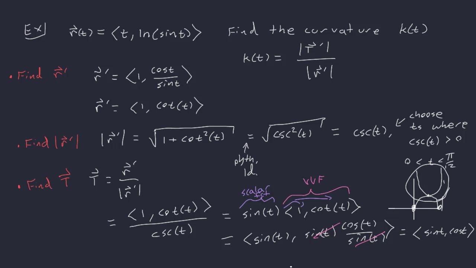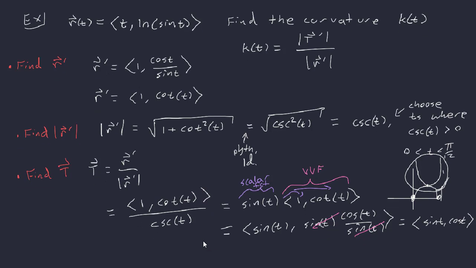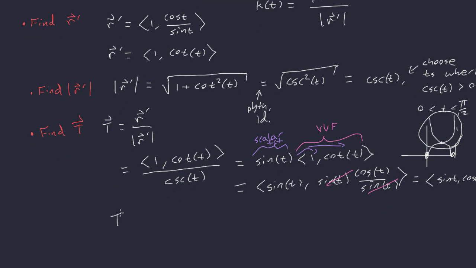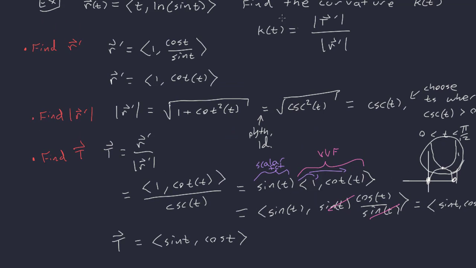So that's our capital T. All right. Now, we're still not done because the curvature formula, just looking at it, doesn't look that bad, but now we have another step. We've got to find the magnitude of T prime. So we found T, now we need to find T prime.